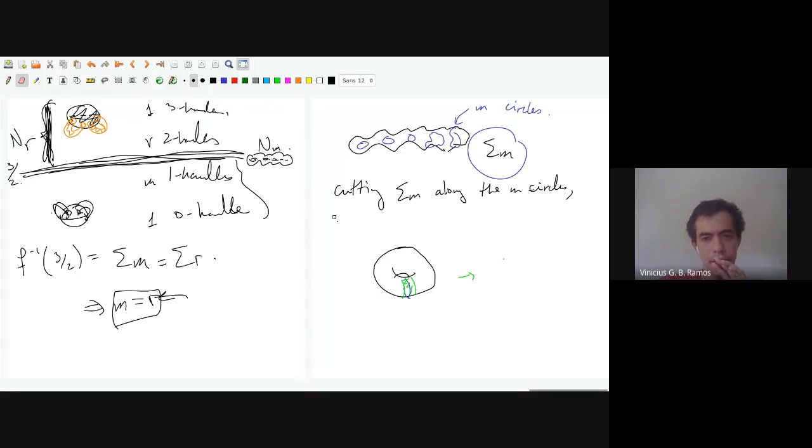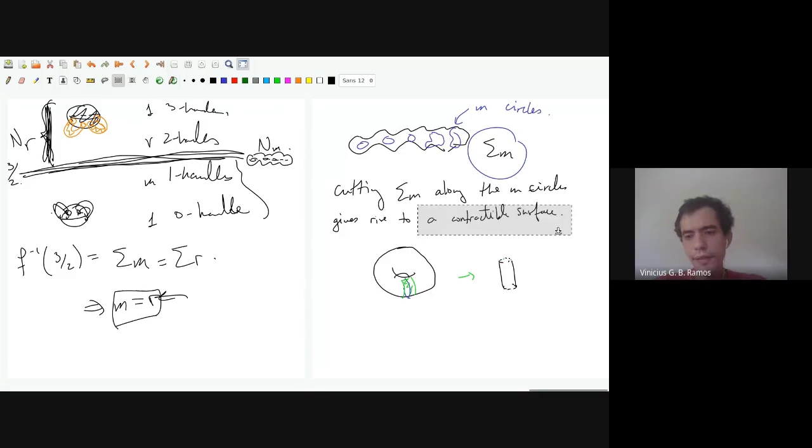Cutting along the M circles gives rise to a contractible surface. Okay, so here, when you cut along the circle, you end up with basically a cylinder. No, sorry, not contractible. What am I trying to say? I think just connected, actually.